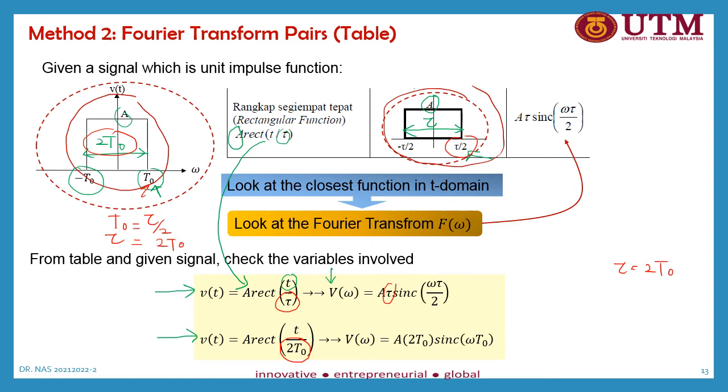Now you know that your tau equals 2T0, so replace tau with 2T0. Then omega tau over 2 is equal to omega T0. So now you can simplify your equation. In this case, when you have a rectangular t over 2T0, the Fourier transform equals this equation.